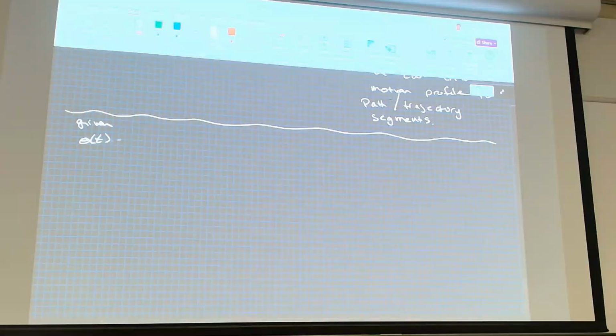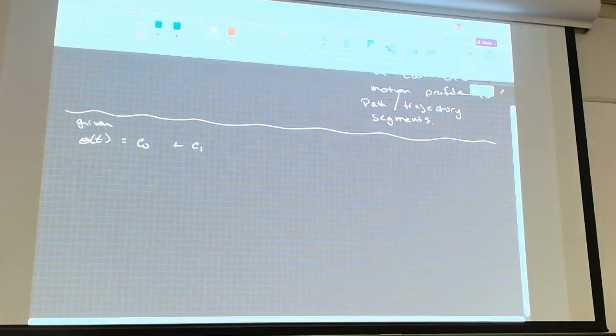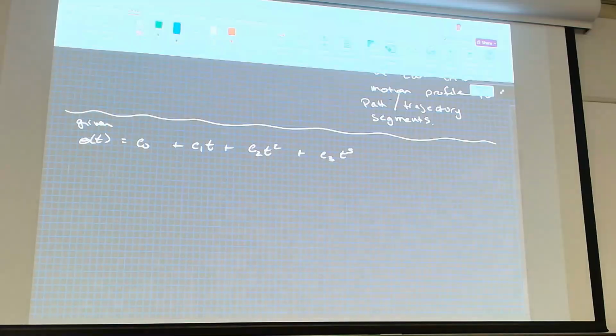The theta of t is going to be, again, C0 t to the 0, plus C1 t plus C2 t squared plus C3 t cubed. Initial conditions. In fact, we can do a different color for that to help differentiate. Green.